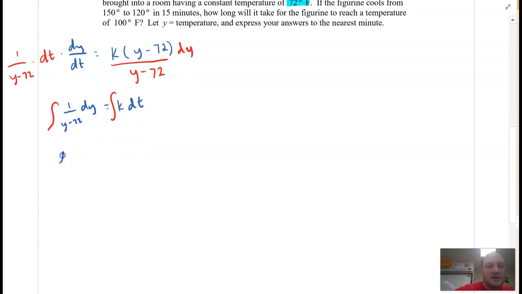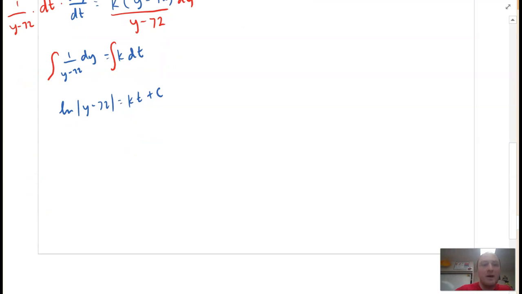So what we get is the natural log of the absolute value of y minus 72 is equal to kt plus c. And if I want to solve this for y, I'm going to raise both sides by e, and what we get, right, these are inverses, we get the absolute value of y minus 72 is equal to e to the power of kt times e to the power of c. Remember, that's just our exponential property.